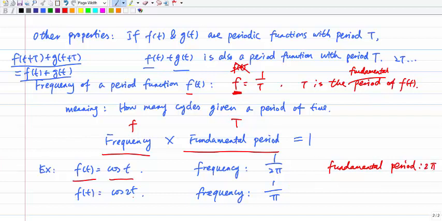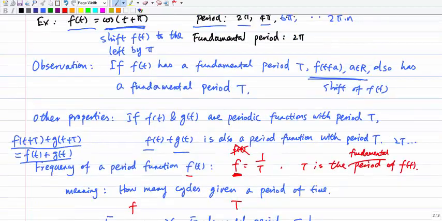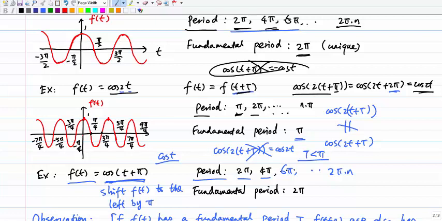For f(t) equal to cosine 2t, the frequency is 1 over pi, because the fundamental period is pi. You can see this frequency is higher, because comparing 2t and t, for the same period of time, cosine 2t has more cycles. This is also related to frequency.